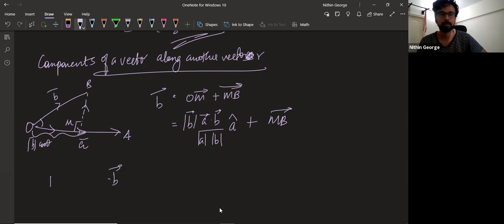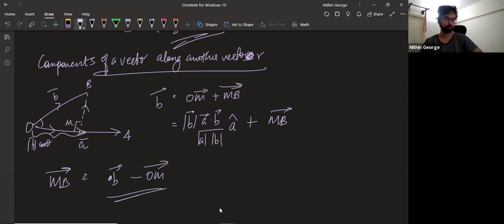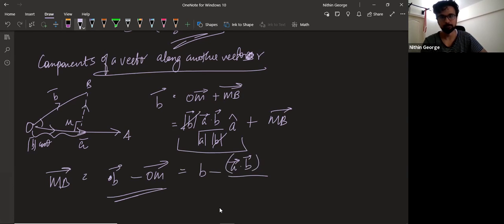So remember, MB component will be equal to B component minus OM component. So the vertical component becomes B minus this entire quantity. B and B cancel out. You get A dot B divided by mod A square, because A cap I'll write as A vector divided by mod A.